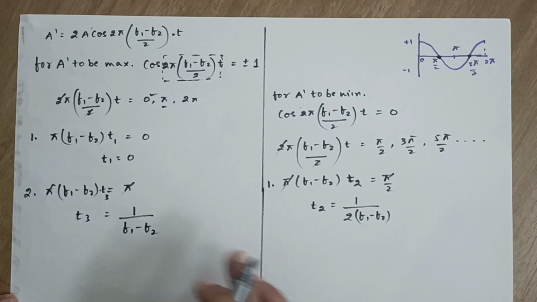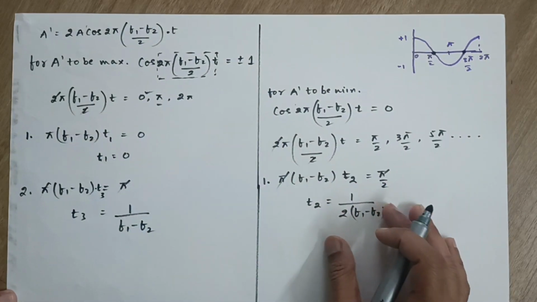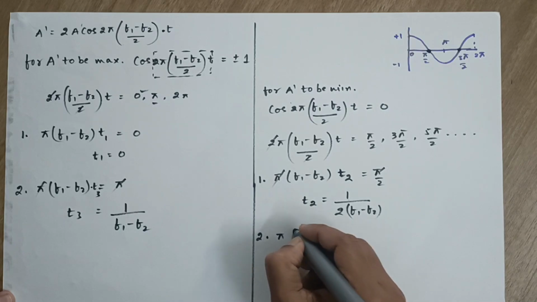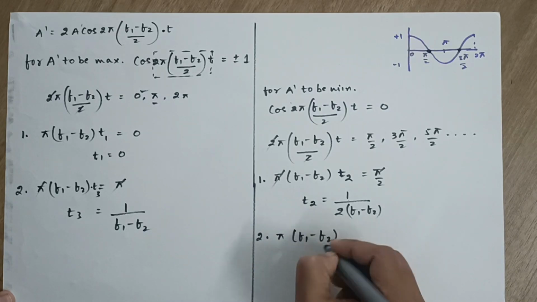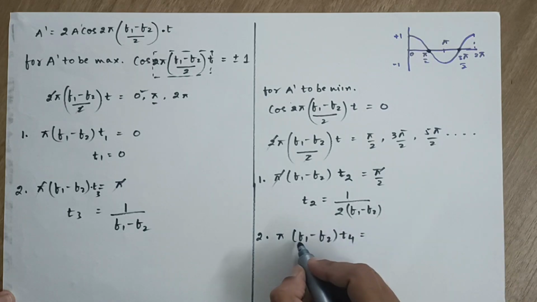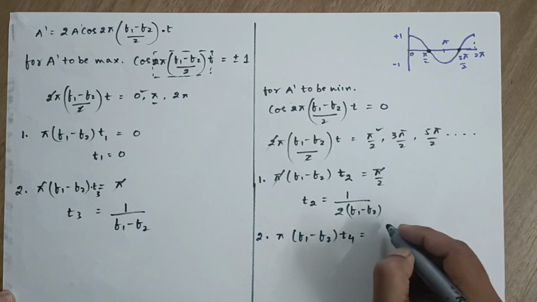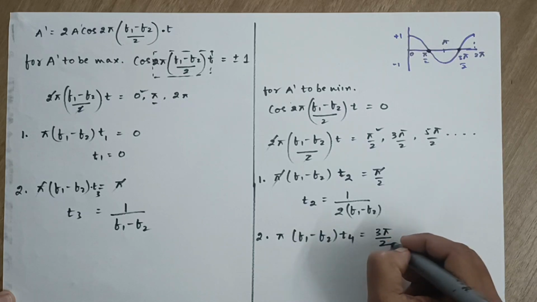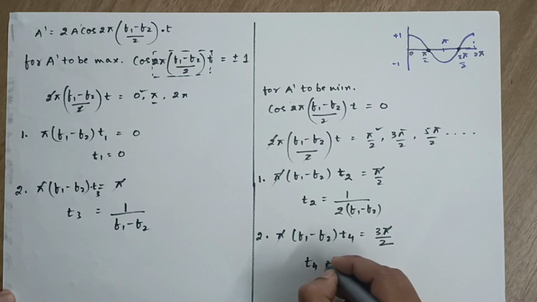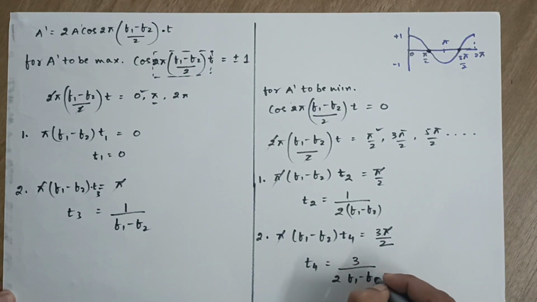So this is the second time when I'm going to get the loud sound. I'm going to write over here again pi times (f1 minus f2). Now I'm going to write down this as t4. I have already taken this. Now 3 pi by 2. Okay, this gets cancelled. So the value of t4 I'm going to get as 3 by twice of (f1 minus f2).